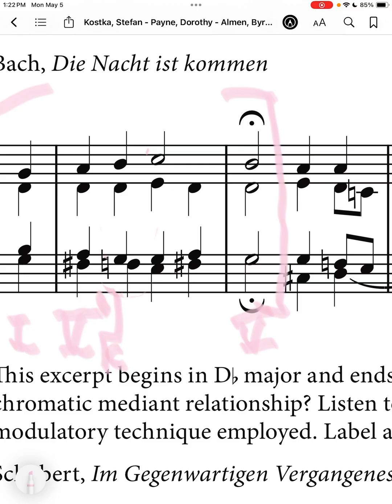Did it not? That's the tricky part. G, B, D, F natural. It would be a 5, 6, 4, 1, 6.